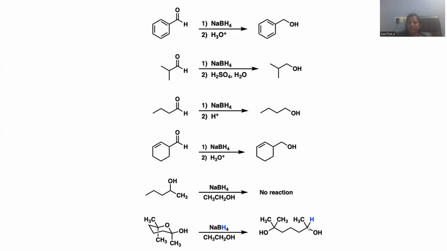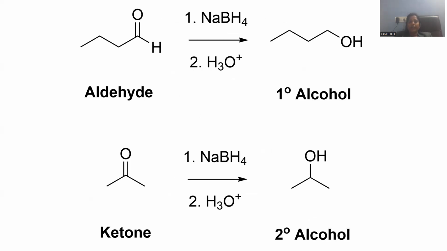So this carbon is bonded with the blue hydrogen, and this oxygen is bonded with the black hydrogen, which came from the solvent medium. This is the way a series of reactions is given for better understanding of reduction with sodium borohydride. Let me go with another application pertaining to sodium borohydride.